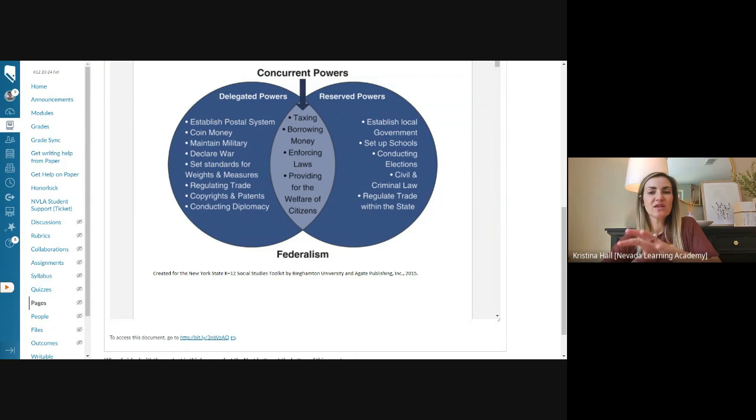Who do you think should decide? Federal, meaning Washington, D.C., or states. There's 50 states, so that means there could be 50 decisions. Who should make the decision? You have to give that opinion. All right, I'm going to move on.